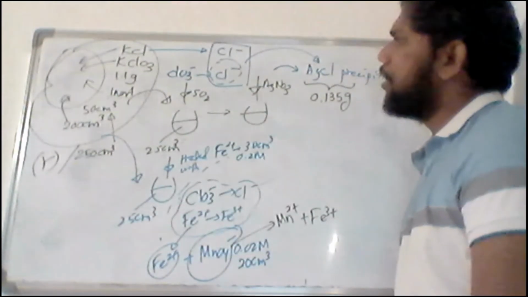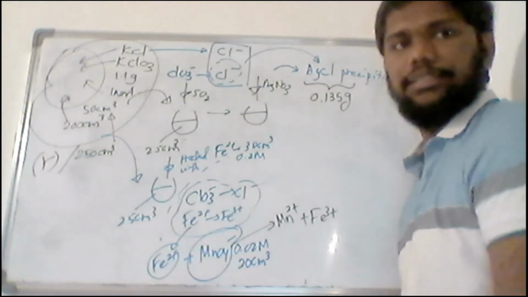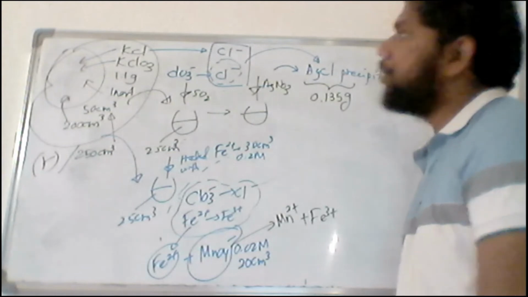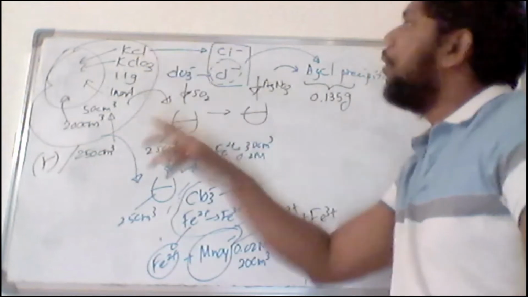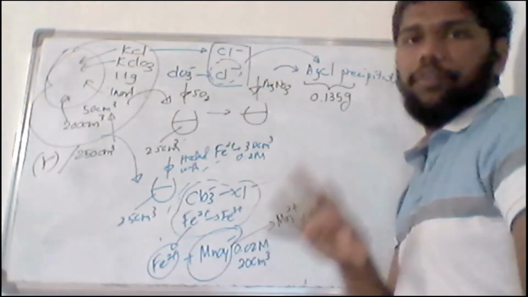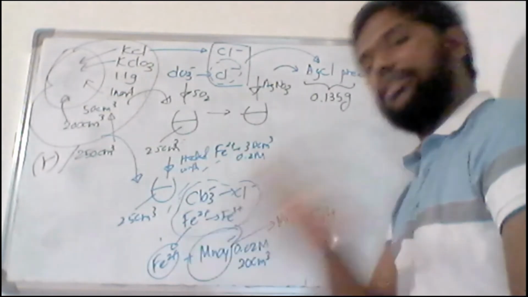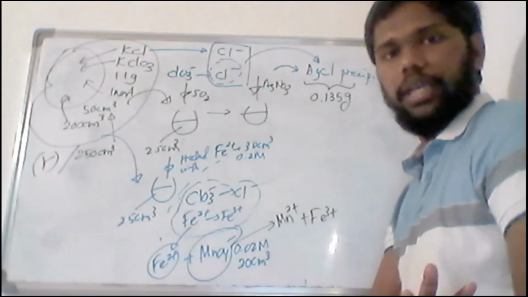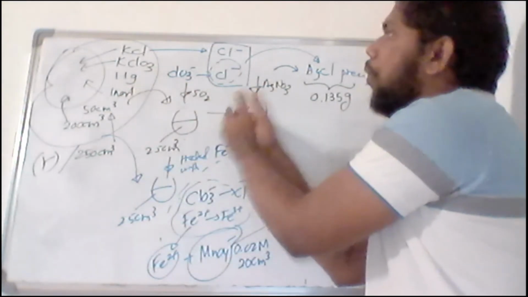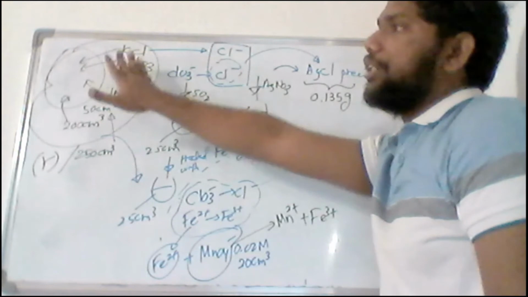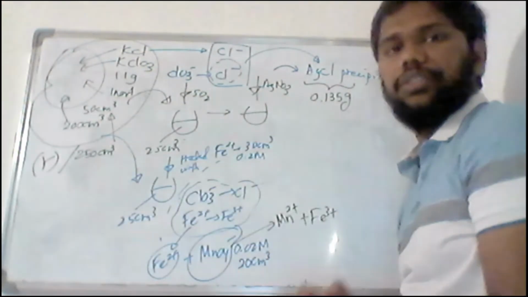Okay, so what is the idea from this? Okay, so we will discuss this qualitatively first. So the mixture contains Cl minus and ClO3 minus. The first step of using SO2 makes all ClO3 minus converted to Cl minus. Okay, so after the first step, the mixture does not have ClO3 minus, all are converted to Cl minus.